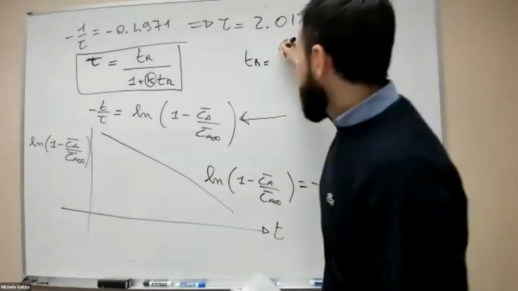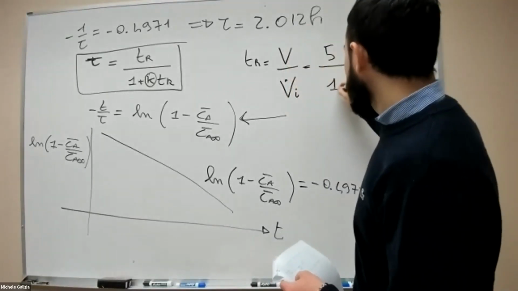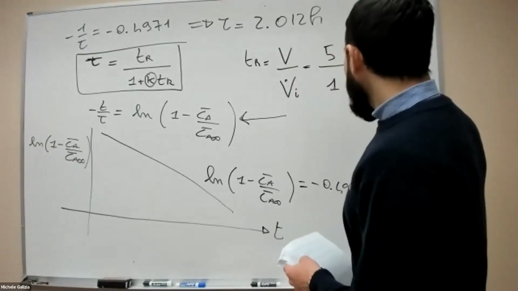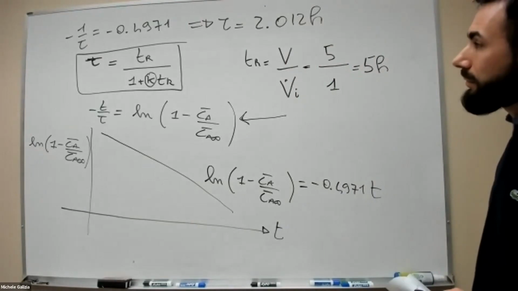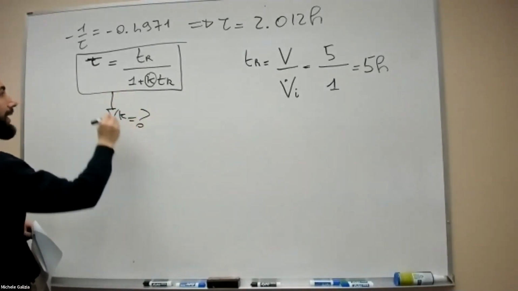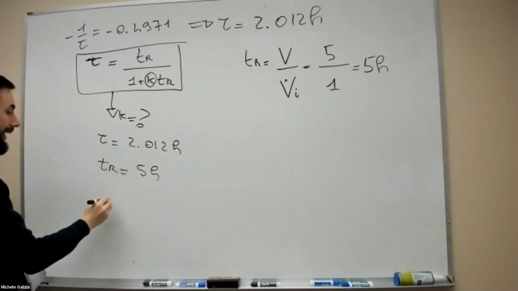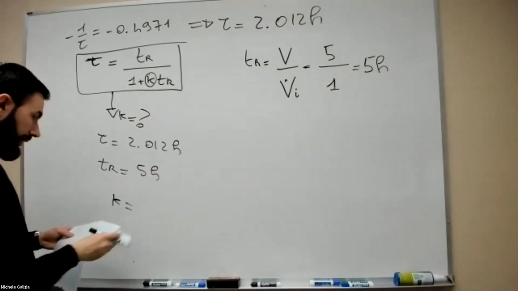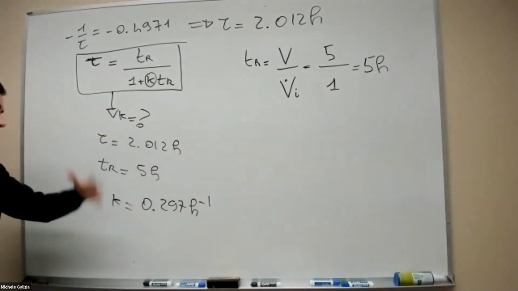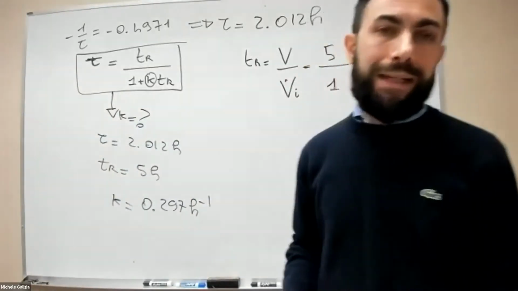Tr is V over Vi dot, which means 5 over 1, is 5 hours. Make sense? Yeah. I know tau and I know Tr, so I can immediately get k, which is approximately 0.3 hours to the minus 1.